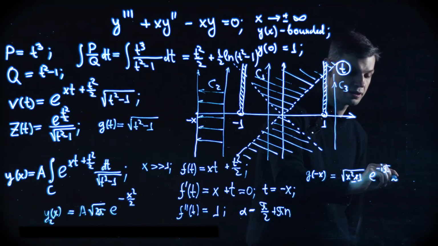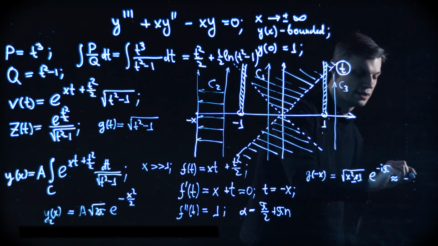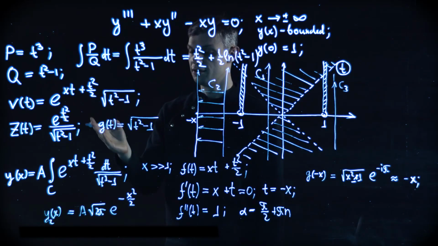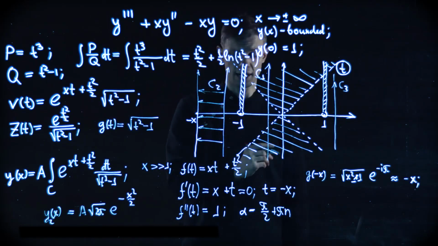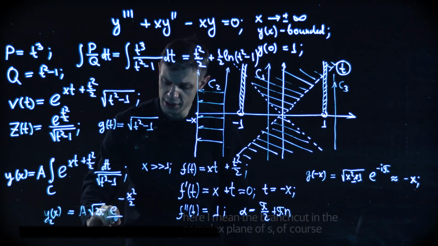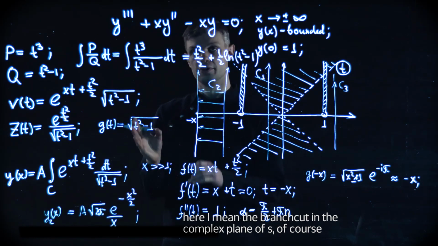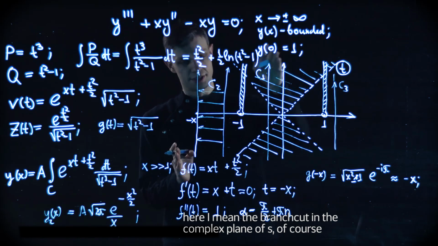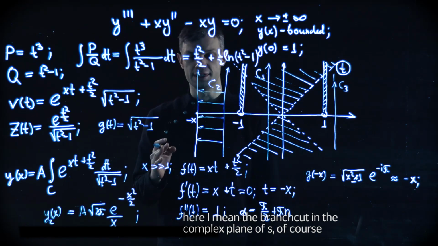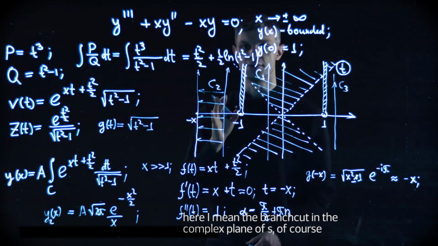And approximately, since x is large, it's minus x. And here we go. So now finally we have our asymptotics at large and positive x. So this is this function divided by x. So now we need to investigate this. So it satisfies this condition. So it's bounded at large positive x. Now we need to check if it's bounded at large negative x. And so here we go. Let's address this question.